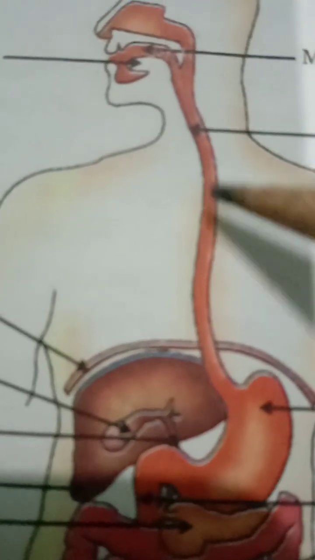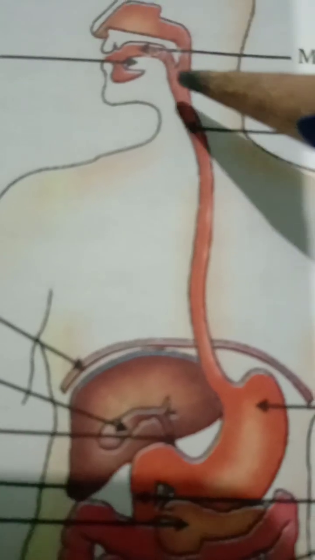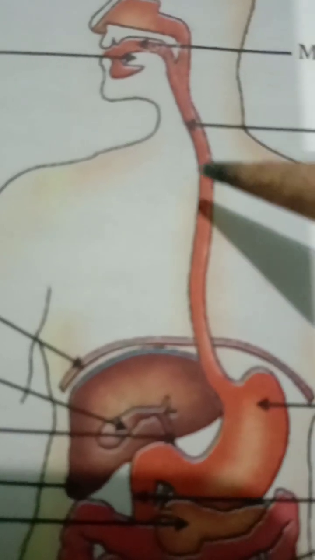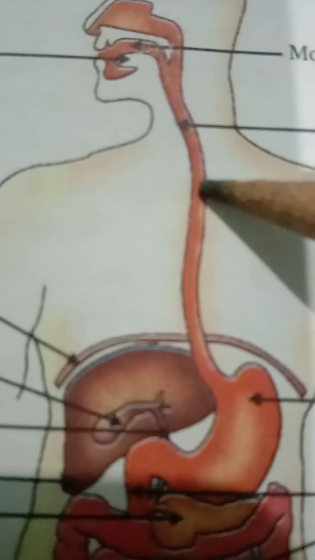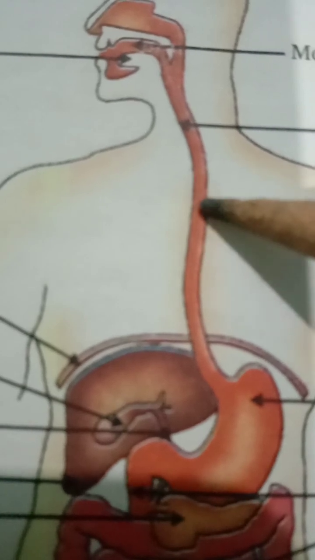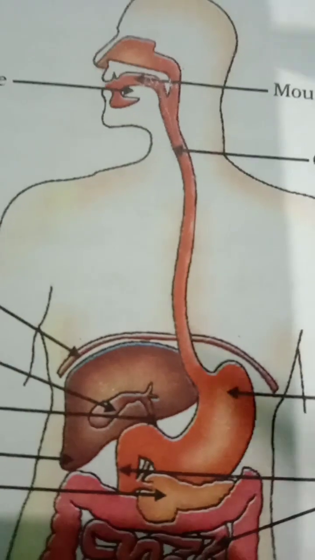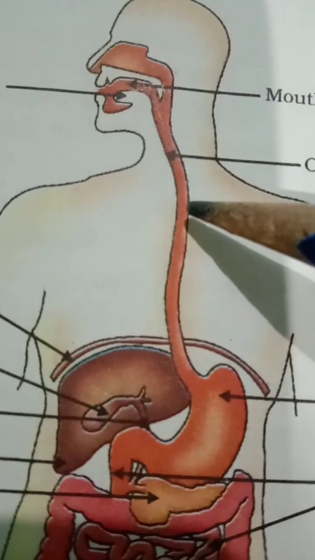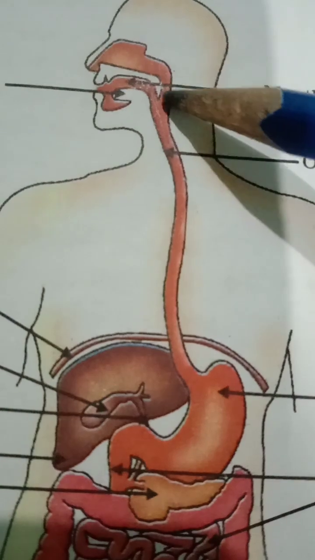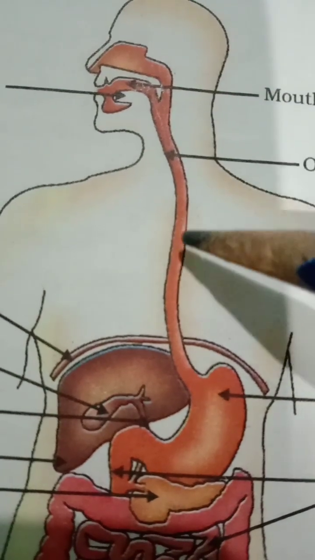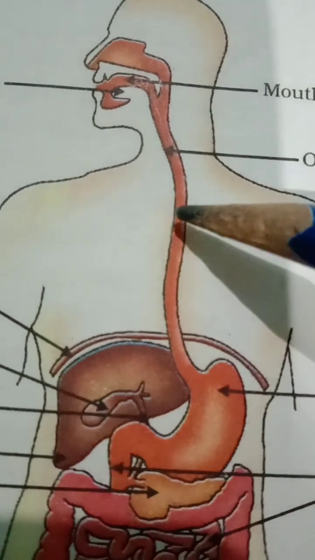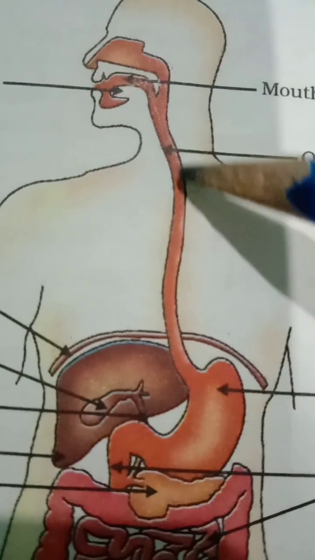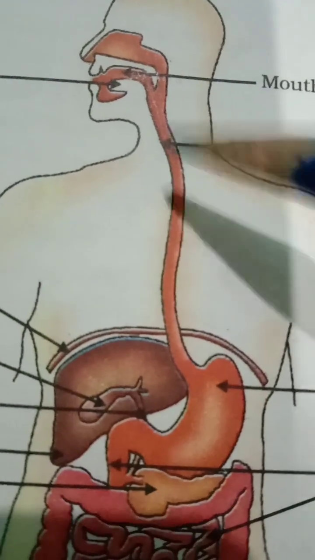That is why the esophagus, or the whole digestive system, continuously produces mucilage, that is mucus. Mucus is a slippery jelly substance produced from the walls, which makes the surface smooth and allows easy movement of the food, that is bolus.